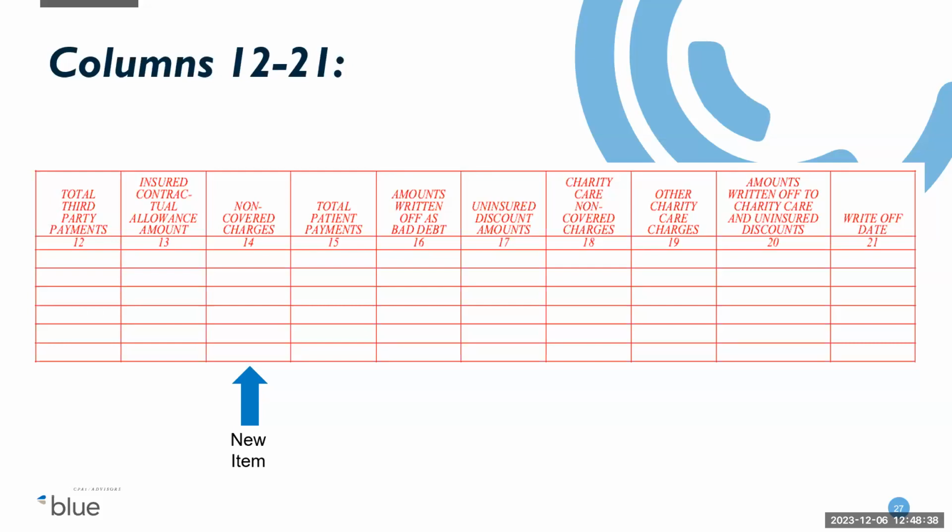That is very common, that the same patients are showing up on multiple years if they have an uninsured discount and a subsequent charity write-off. But yes, you would report it in different years, and the uninsured write-off amount would be the date that adjustment happened. And then in 2023, in the subsequent year, would just be the charity care amount and the date that charity care adjustment happened.